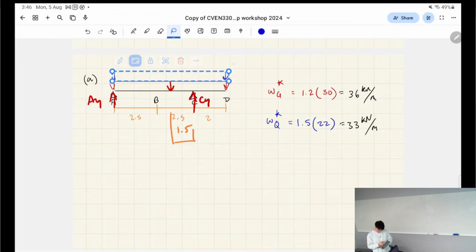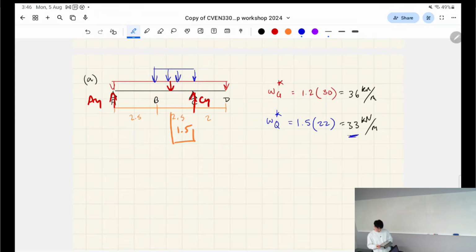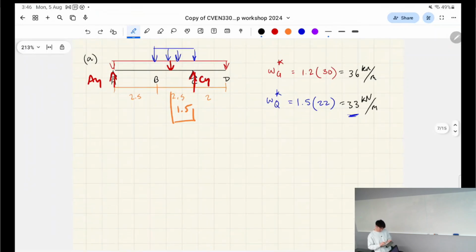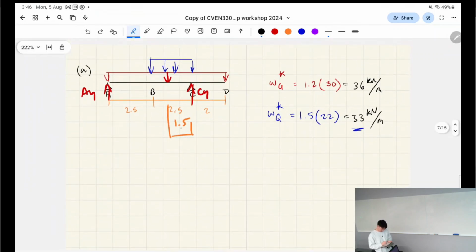They're loaded like this, right? So that part is going to have 33 kilonewtons per meter, whereas the rest is going to have 36, right? And then in this middle part, they're going to be overlapped, right?